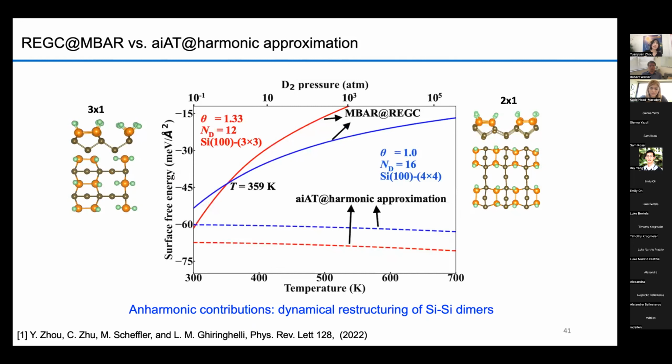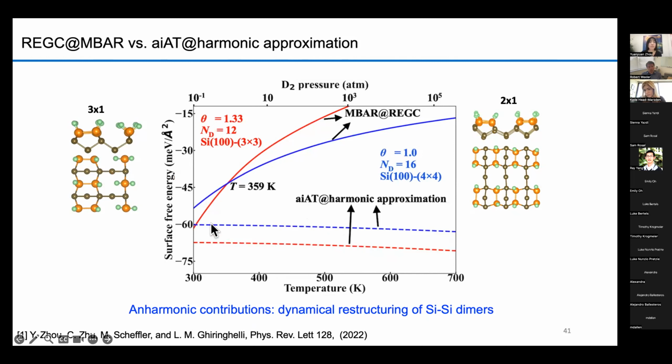Last but not least, we want to compare the predictive power of the state-of-the-art ab initio atomistic thermodynamics and the replica exchange grand canonical method for the two experimentally reported phases. One is 3x1, one is 2x1. The dashed line is the ab initio atomistic thermodynamics result, which indicates these two phases coexist along the temperature range from 300 Kelvin to 700 Kelvin.